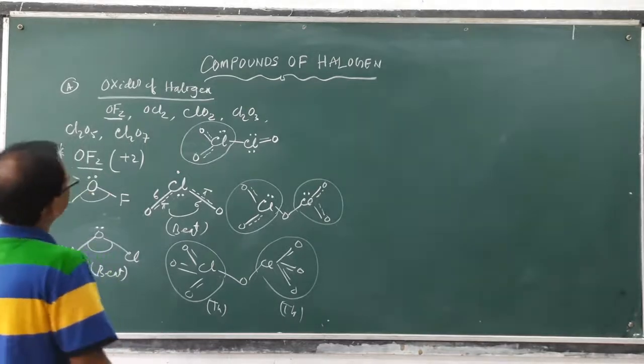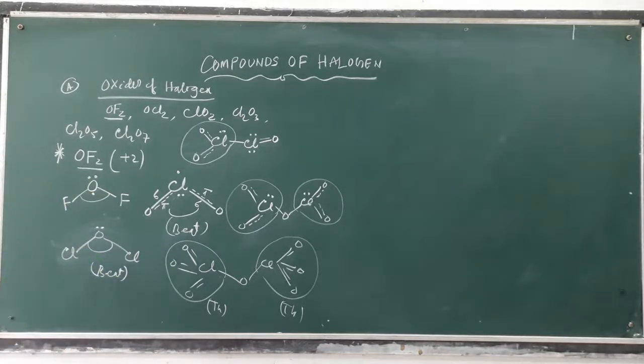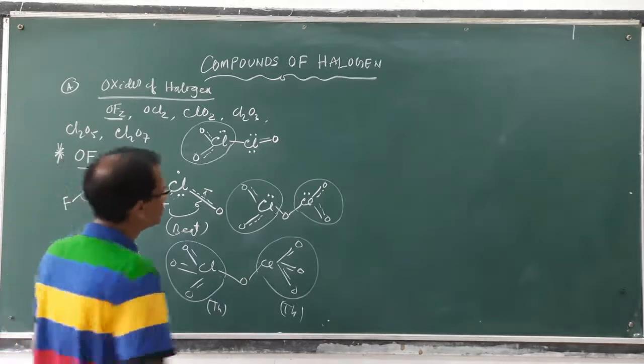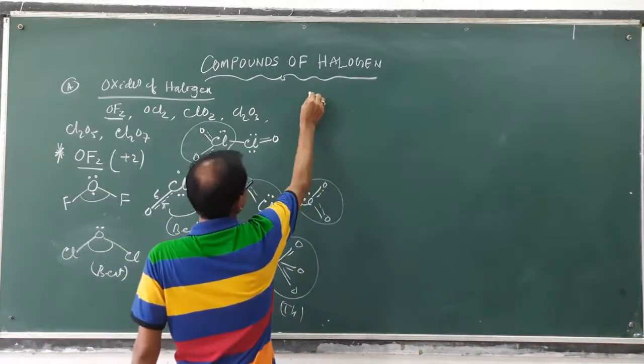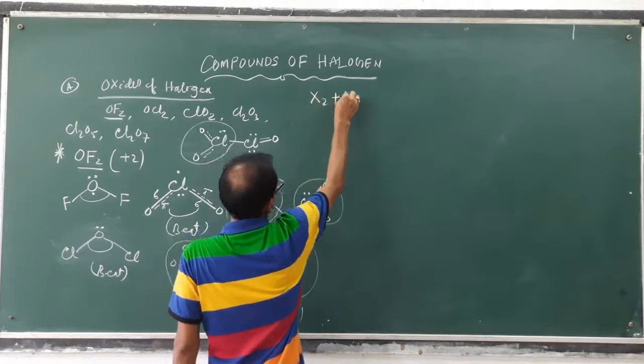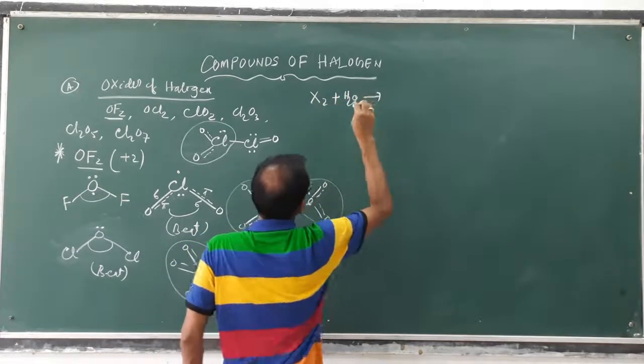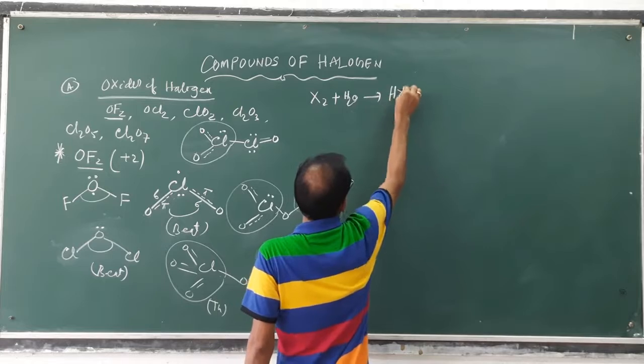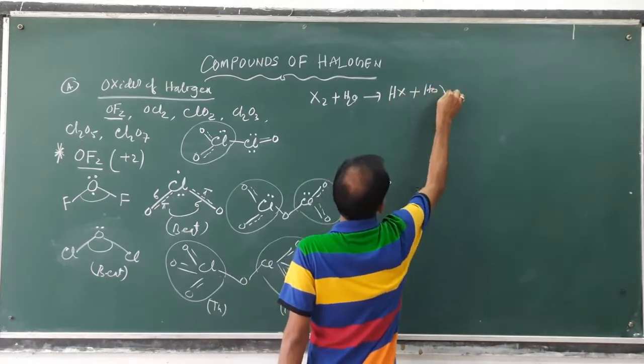Then regarding the reaction of halogens: halogen X2 plus water generally produces HX and HOX.